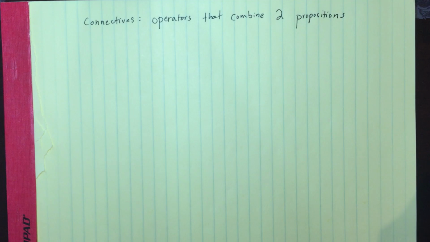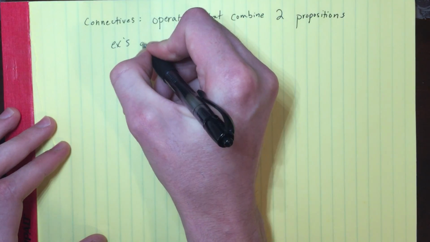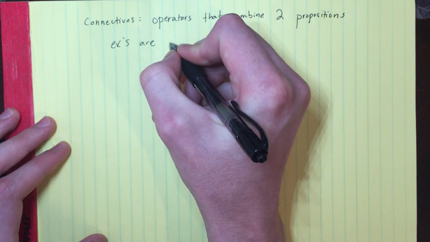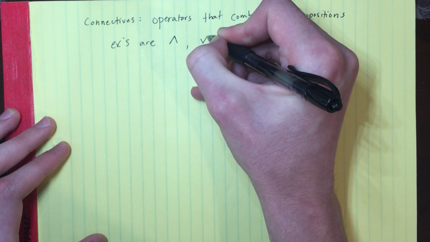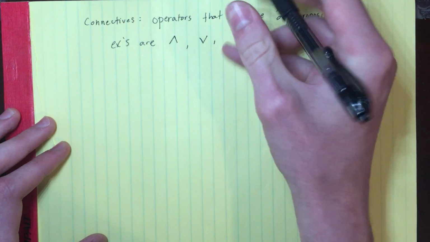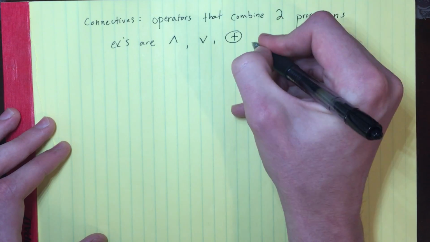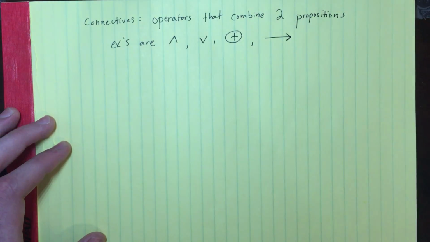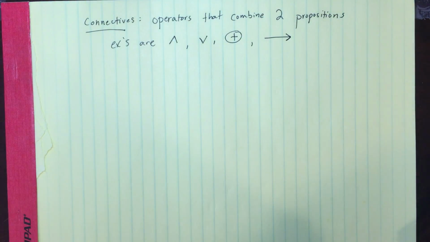Examples of these are the AND operator, the OR operator, exclusive OR operator, and the if-then operator. We'll look at that in a second.